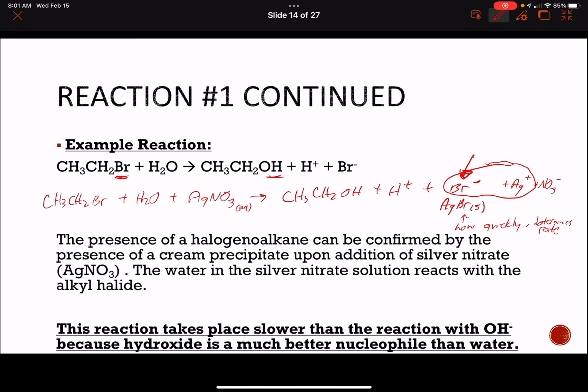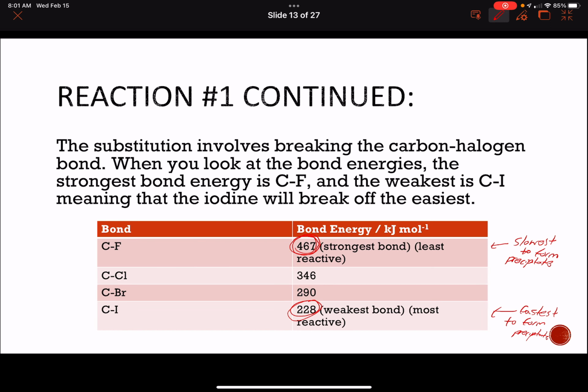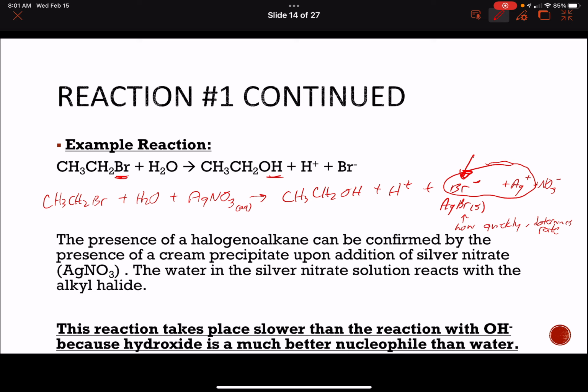And so once again, what you need to memorize is that the CF substitution would take place at the slowest rate, and the CI substitution, where iodine gets kicked out, that would take place at the fastest rate. Also note, and I wrote it down here, the reaction takes place slower than the reaction of OH minus, and this is because hydroxide is a better nucleophile than water.